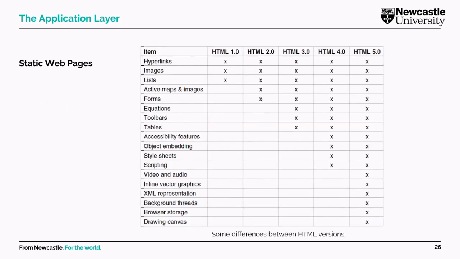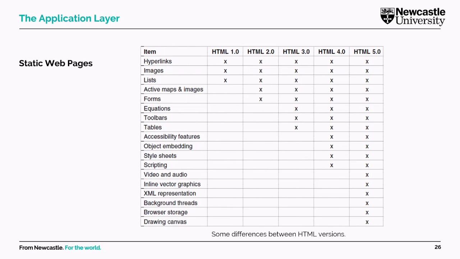And this just shows you the differences between different HTML versions, how HTML has evolved over time, and the current version of HTML supports all different types of resources and types of content.